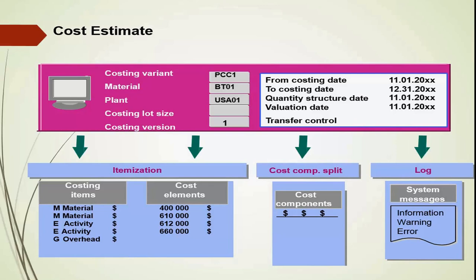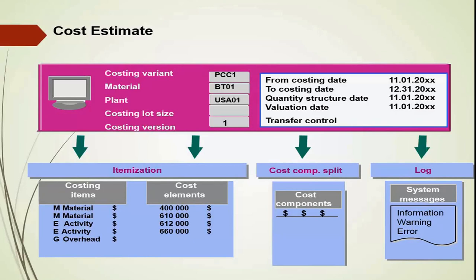Then you have log. There can be three types of log. One is just for information, another will be warning, third one will be error. Information is just to give you some basic information about the cost estimate you executed. Warning is all about if you miss some steps, or you are not taking into consideration all the standard behavior of SAP, it will warn you, but it will still execute.